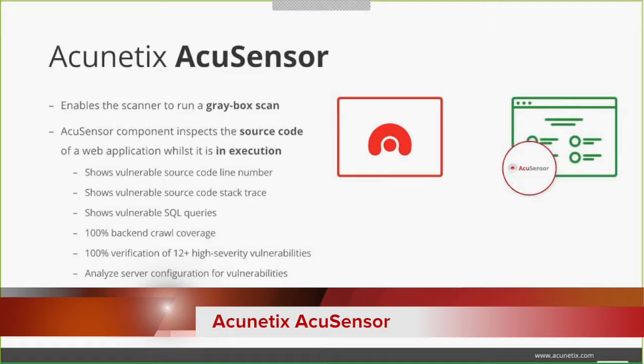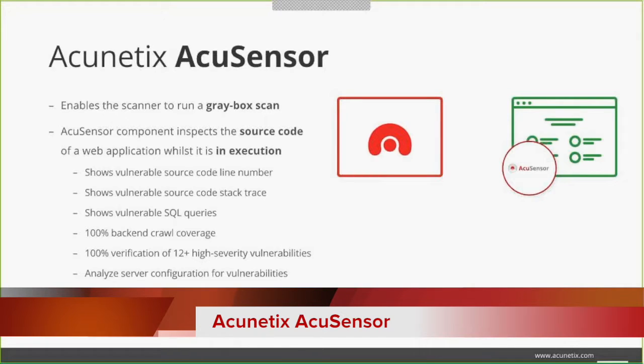And gray box would be running a black box scan, so running a scan on the dynamically generated code and finding that vulnerability within the base code. Once a vulnerability is found, AcuSensor will determine the exact line of code which caused the vulnerability, which can be really useful for a client.